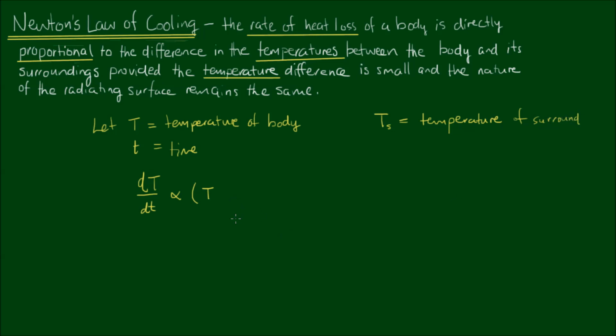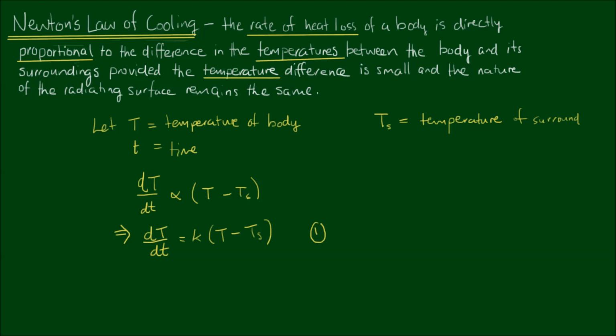So the rate is proportional to the body's temperature minus the surroundings temperature. And so we can express this as an equation, which means that dT on dt is equal to a constant of proportionality k by the difference in the temperatures. Let's call this equation 1, which is Newton's law of cooling stated as an equation.